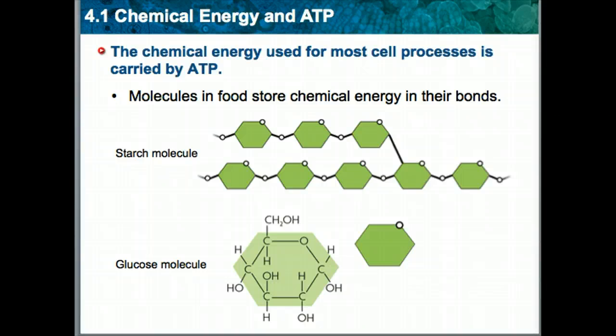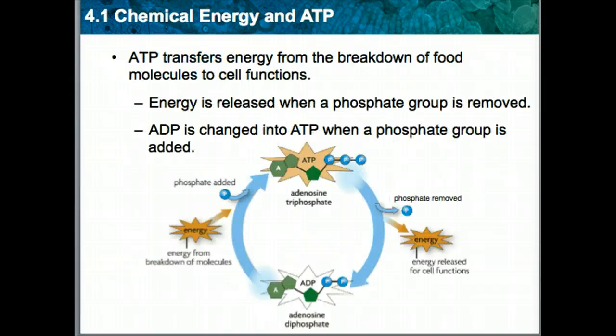It's our bodies digesting that food and breaking it down into those carbon-based molecules, again, those carbohydrates, proteins, and lipids. When we break the bonds in those molecules, that's when we get the energy needed for the cells.